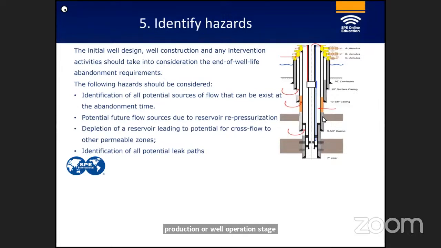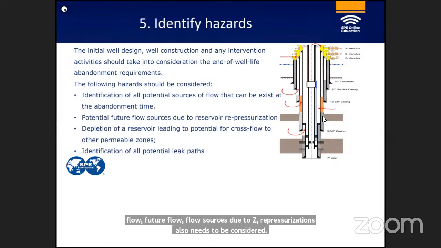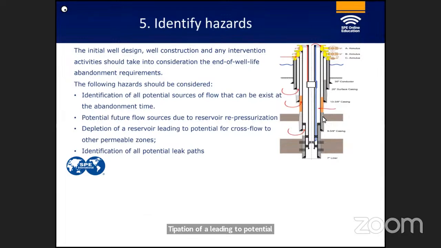Potential future flow sources due to reservoir repressurization also need to be considered. Depletion of a reservoir leading to potential for cross flow to other permeable zones, and identification of all potential leak paths have to be considered in this stage of identifying hazards, so that we are able to create a more robust P&A plan.